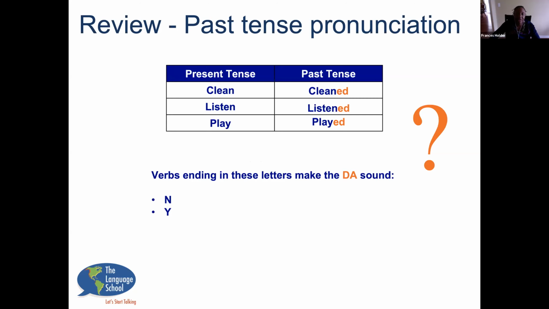Cleaned, listened, played. So let's practice. Did you clean your house or your apartment yesterday? No, I didn't clean my apartment yesterday. Did you clean your apartment last week? Yes, I cleaned my apartment last week.